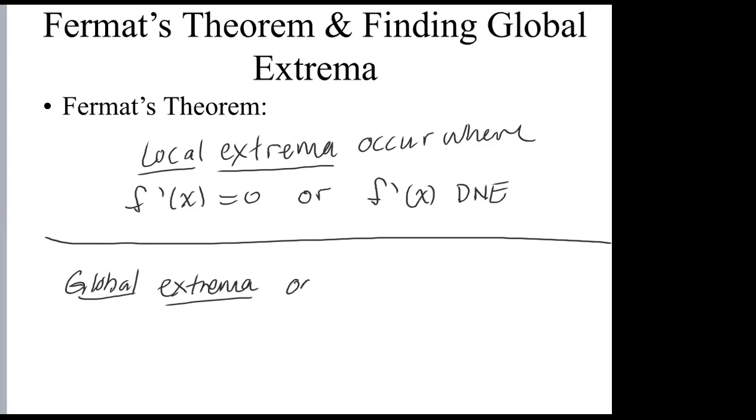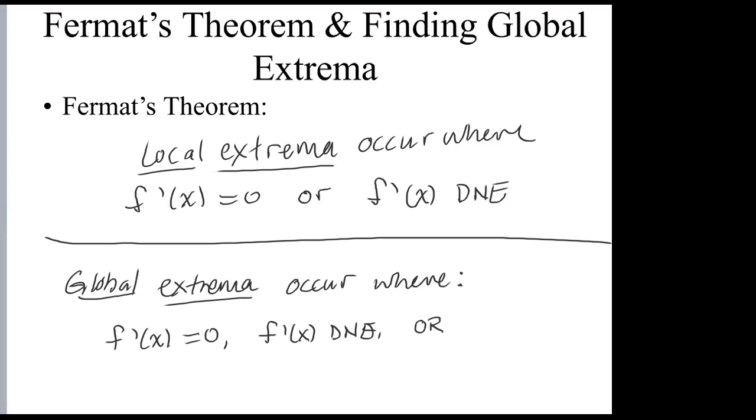Global extrema occur at 3 locations: where f prime of x is equal to 0, or where f prime of x does not exist, or, last part, at the endpoints of the closed interval on which the function is defined.